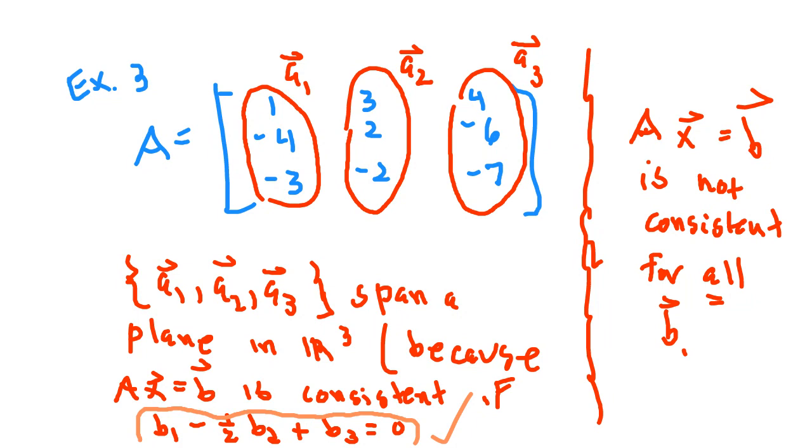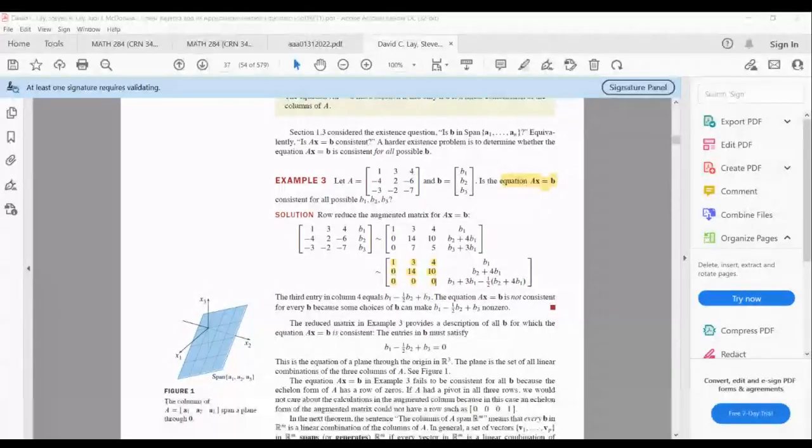And so that's what they have here. What does that plane look like? Well, here's what the plane looks like in example 3. This is the span of vectors A1, A2, and A3.